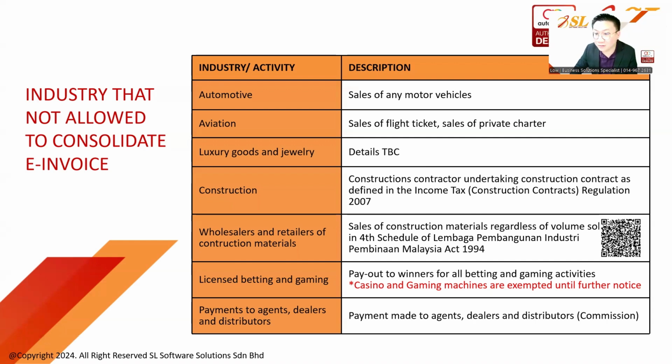You cannot simply sell these items. And then licensed betting and gaming activity, casino. Casino is not sure yet, but for lottery, if you buy lottery and you win, you need to provide your IC. And the last one is commission or rebate. You also provide your IC. For the merchant, it is their expense proof, and immediately it becomes your income proof. So it's a debit credit system.